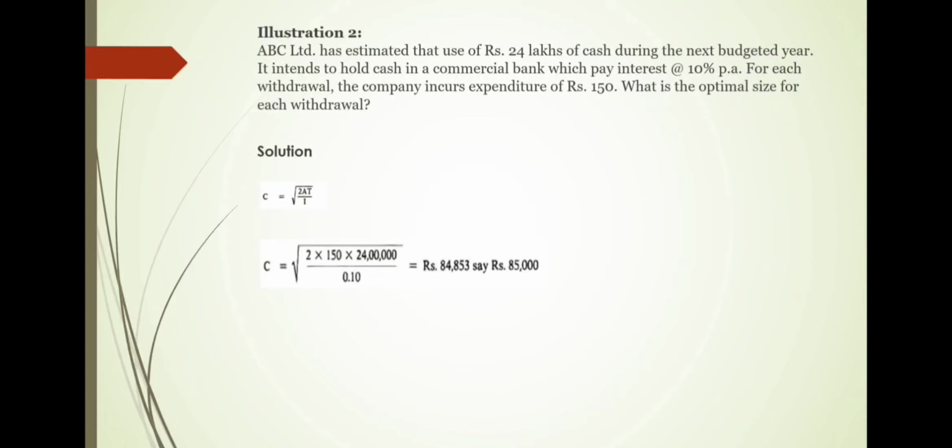Then it is 24 lakhs, which is the estimated cash to be used during the next budgeted year, divided by the percentage, that is 10% per annum, which becomes 0.10. After calculating this, we get rupees 84,853, rounded up to 85,000.